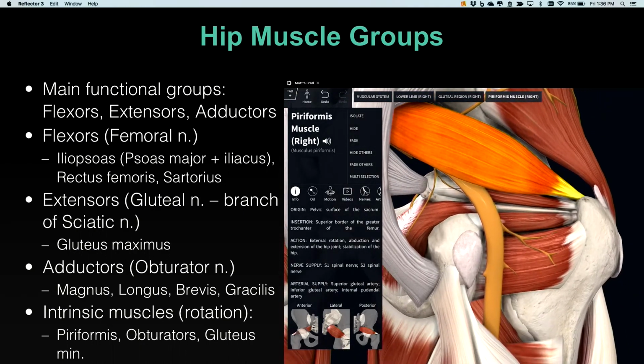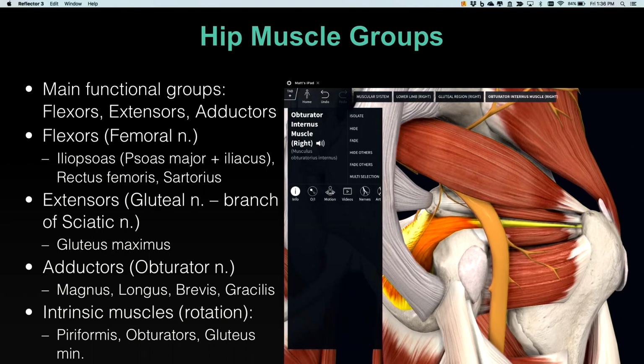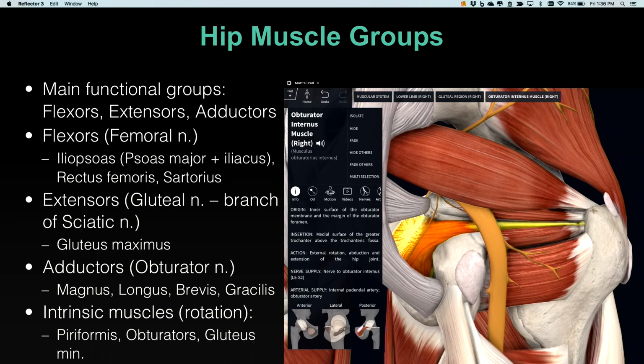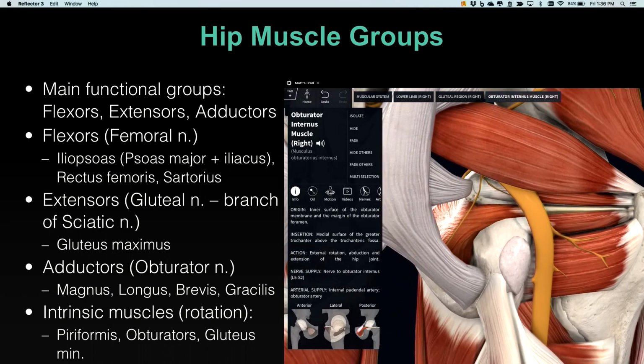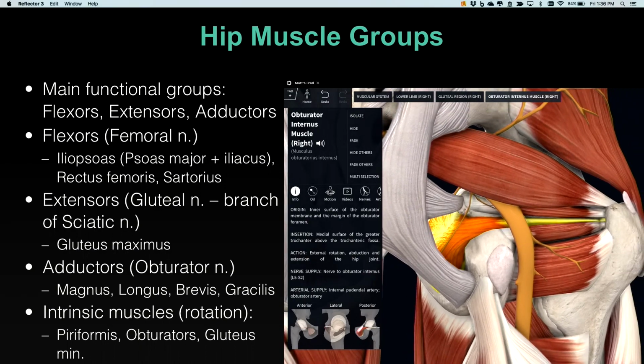Now that's going to share the same action with Obturator Internus and Obturator Externus. It's easiest to see Obturator Internus, and they're named for their origin. Are they internal or external to the pelvis? Obturator Internus originates inside the pelvic cavity.